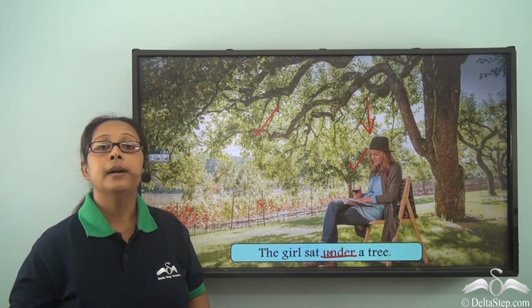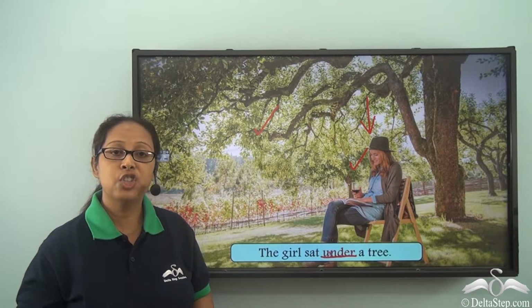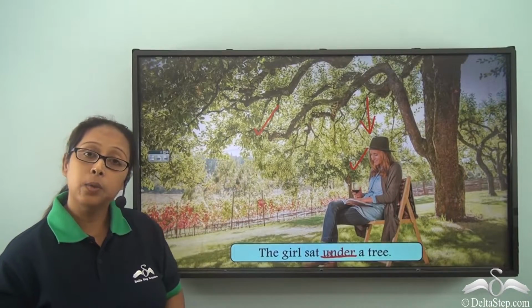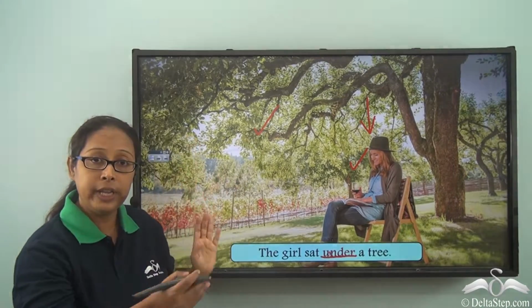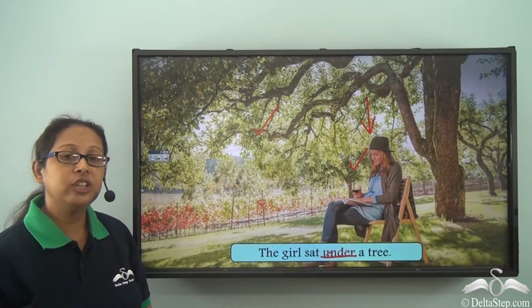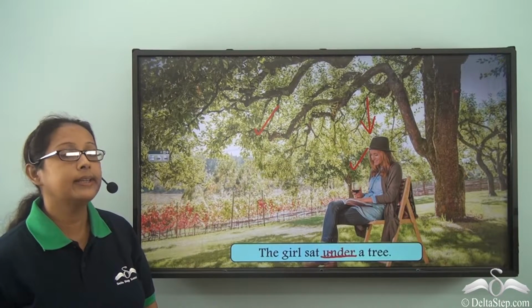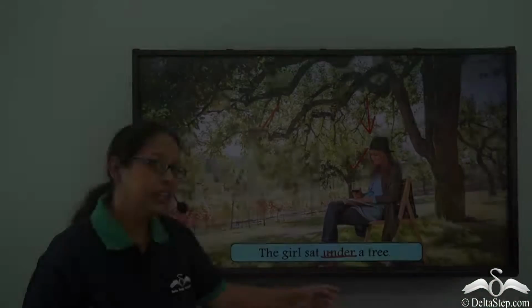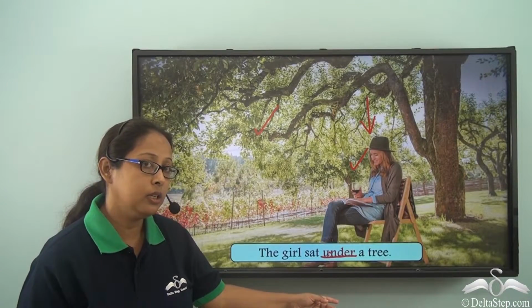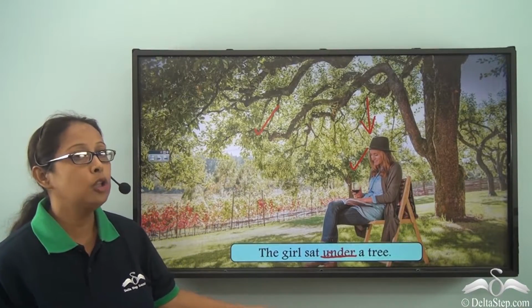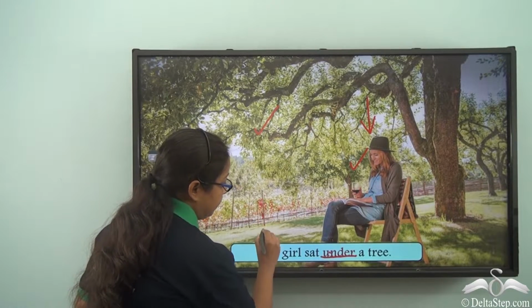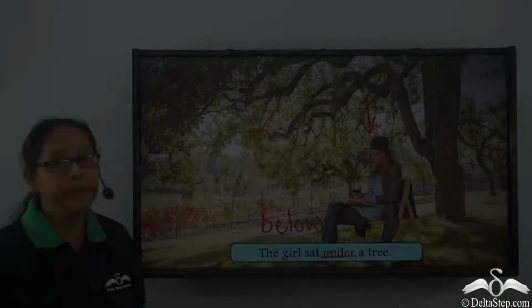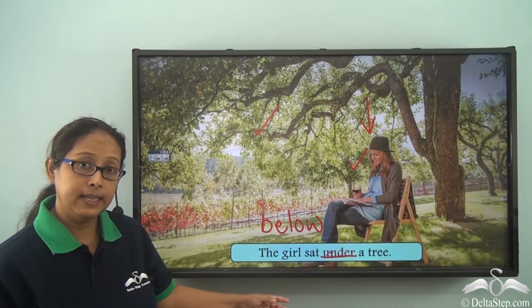So under means something which is directly below and in a way where it is covering it. As we can see in the picture that the girl is sitting directly below something. It's the tree in this case. So we can definitely use under over here, but at times we can also use below for such sentences.